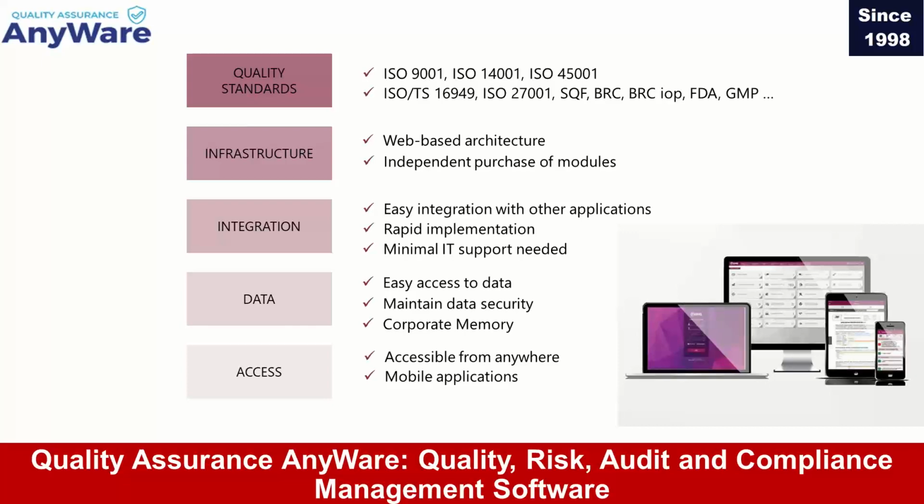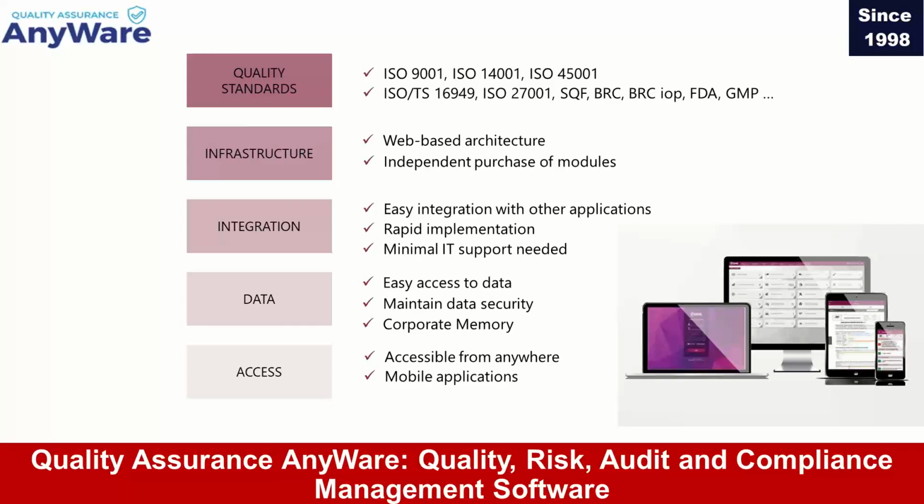Any quality management or regulatory standard and requirement that you are compliant with, you can manage on Quality Assurance AnyWare in the digital environment. It is user-friendly, as I mentioned. So once we train you and your quality management teams, you guys can manage it by yourself. It is actually very easy to use and user-friendly that you don't need much IT or consultancy support.